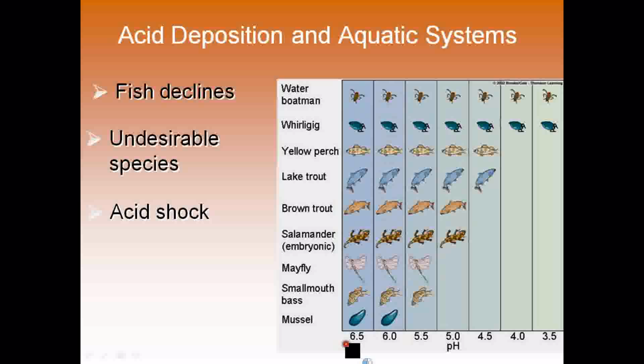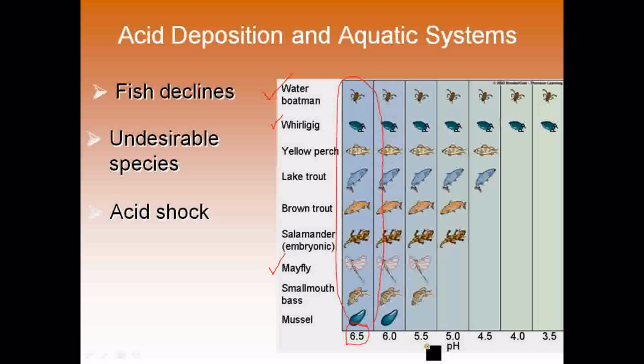Well, you can see that when the pH is pretty good, close to 7, all the different organisms are present, whether it's a tiny little invertebrate like the whirlygig or the water boatman. They have such funny names, don't they? Or the mayfly. We had the mayfly in our worksheet. When you've got all the different organisms there, the pH is good.